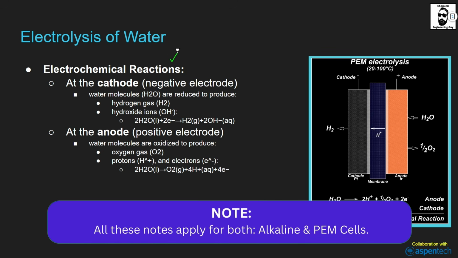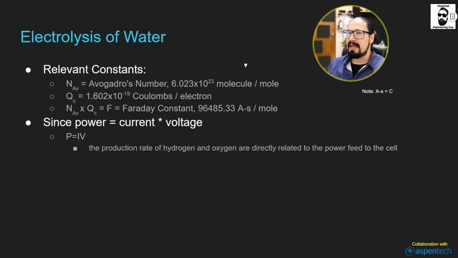Now, these are the reactions of the electrolysis of water, and of course these variables that are important if you are not familiar with them. Avogadro's number, essentially the total number of molecules per mole, or the total amount of electrons per mole. The charge of a single electron, you can see it's quite low compared to the 23 here, and Faraday's constant, which is nothing more than the product of these two, totaling 96,485 coulombs per mole.